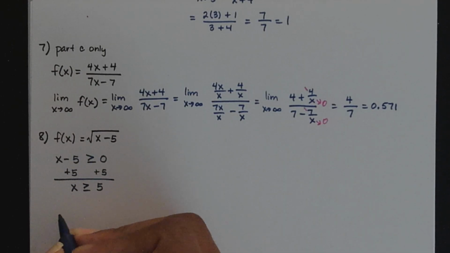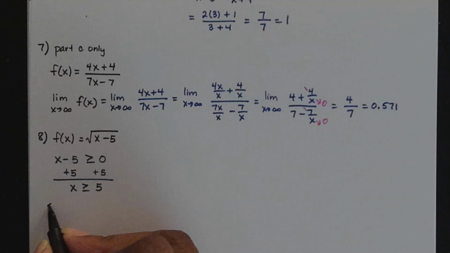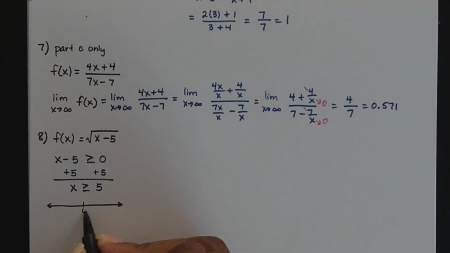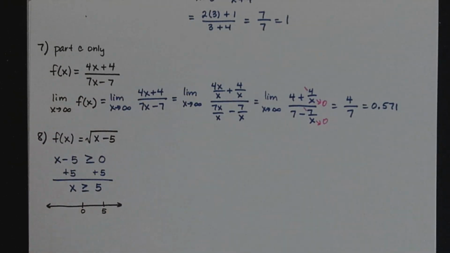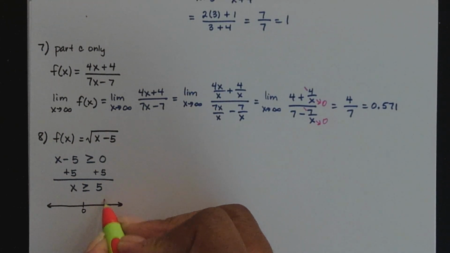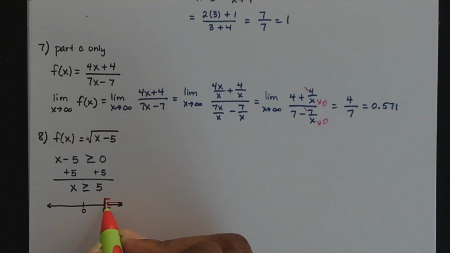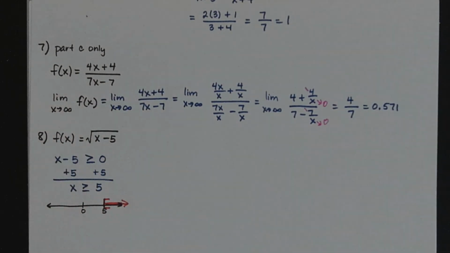So that means here, if this helps, you can draw a number line. Put 5 on that number line. And of course, we're going to use either a bracket or parentheses. Since it's greater than or equal to, and 5 is included, we use a bracket. Any x value greater than 5 would satisfy that radical function.